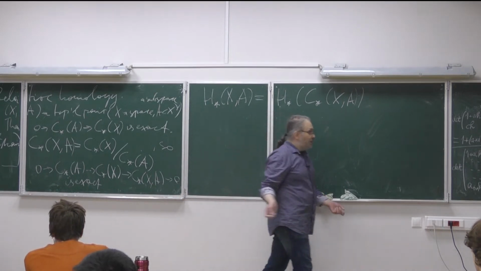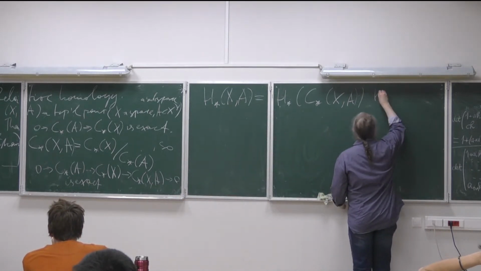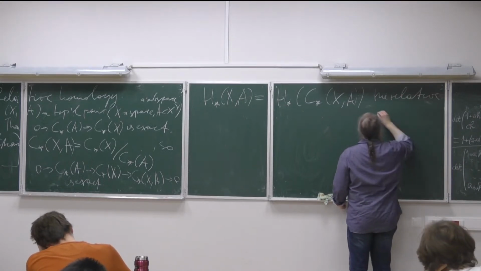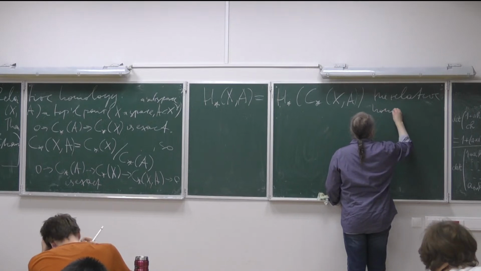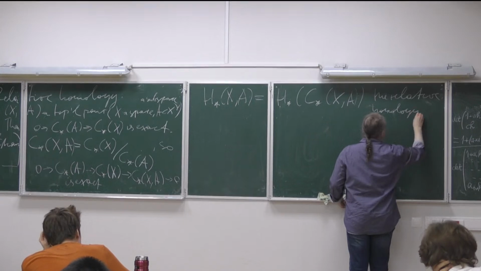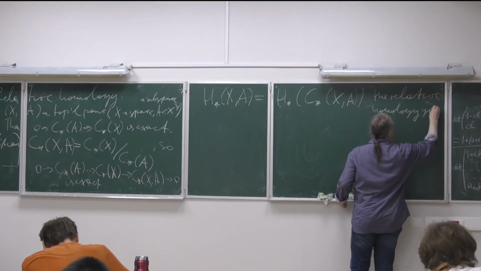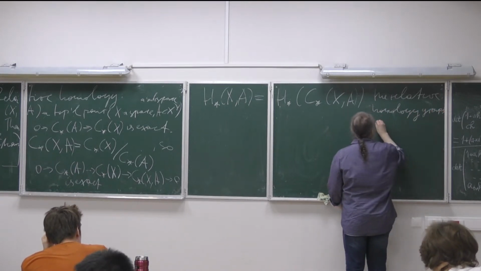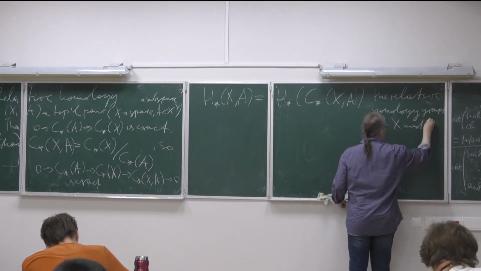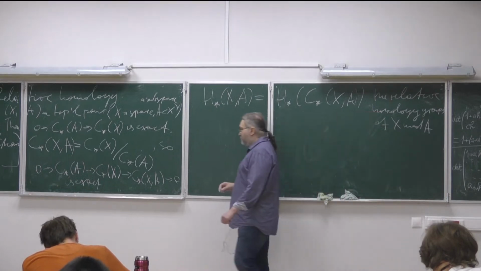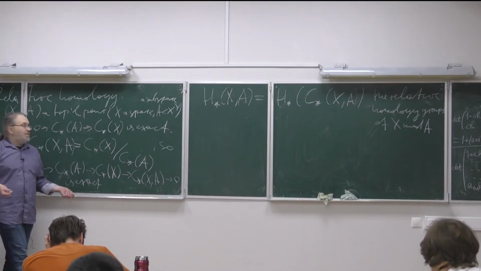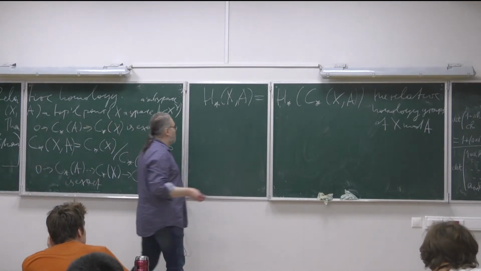And the result is something we call the relative homology groups of X mod A. And by construction we have a long exact sequence.